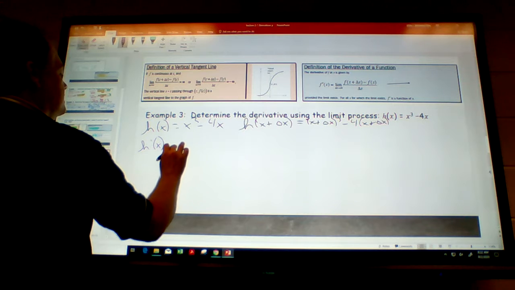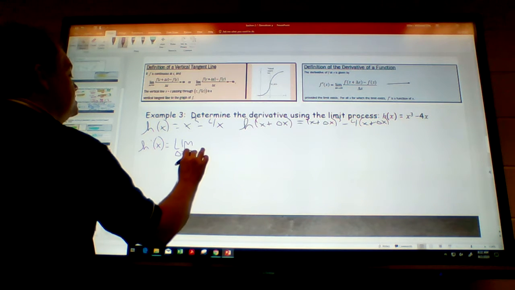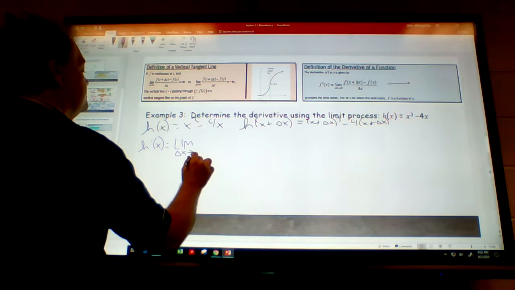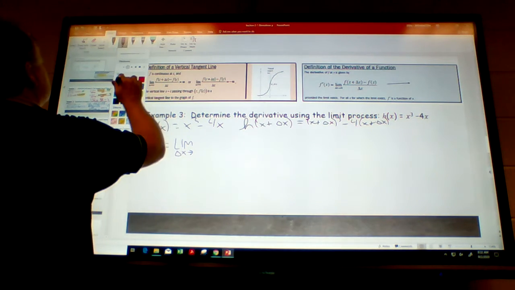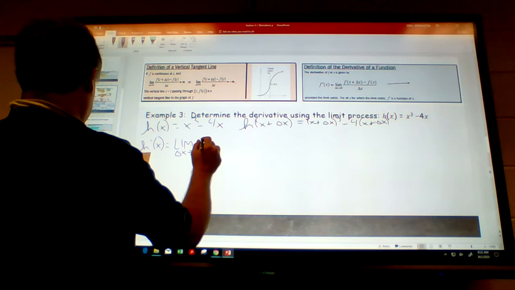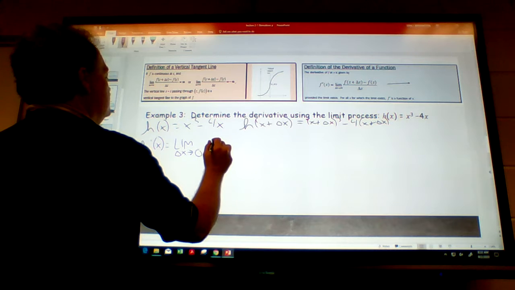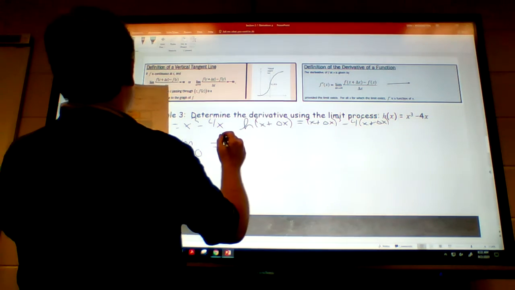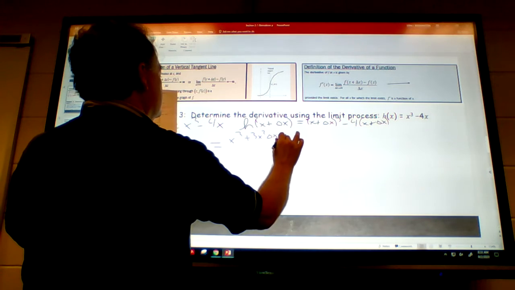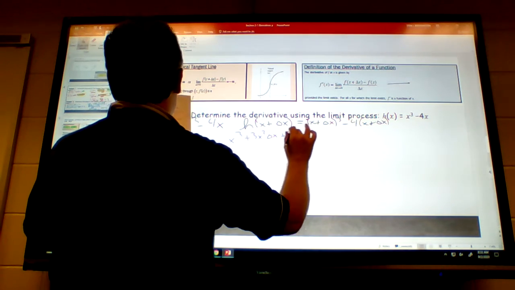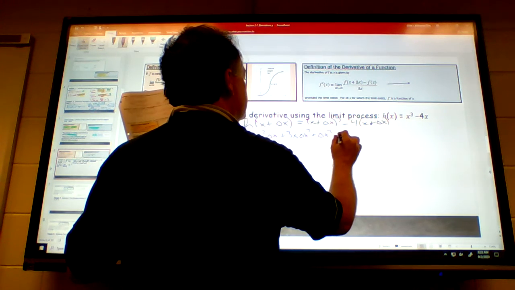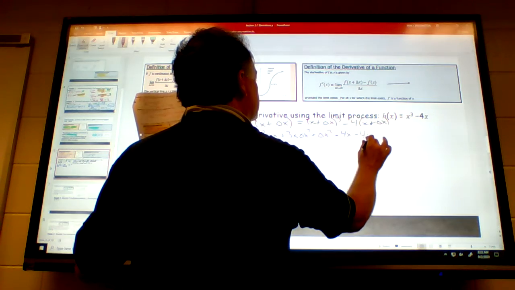All right. So basically, h prime of x equals the limit as delta x approaches 0, which equals x to the third plus 3x squared delta x plus 3x delta x squared plus delta x cubed, that's just this part, minus 4x minus 4 delta x.